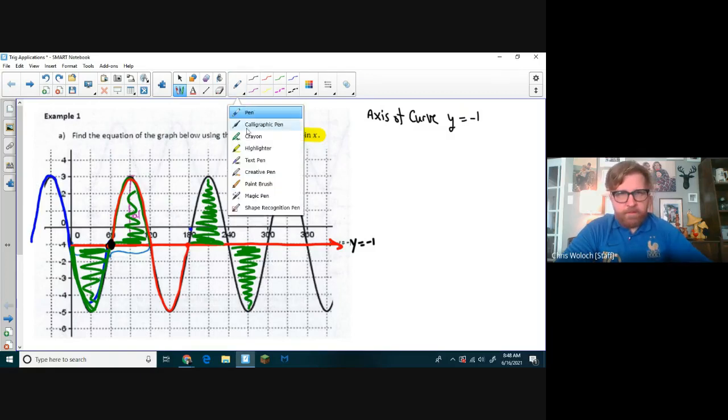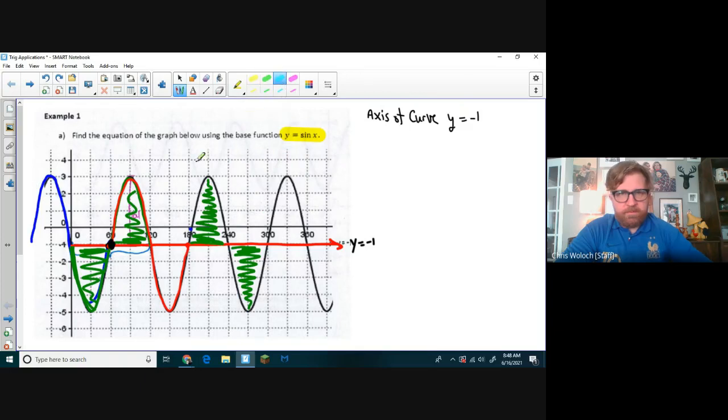Amplitude, remember, is this distance from the axis of the curve to the max, and from the axis of the curve to the min. The amplitude is the same whether I go from the axis to the max or the axis to the min. We can just count on the graph.